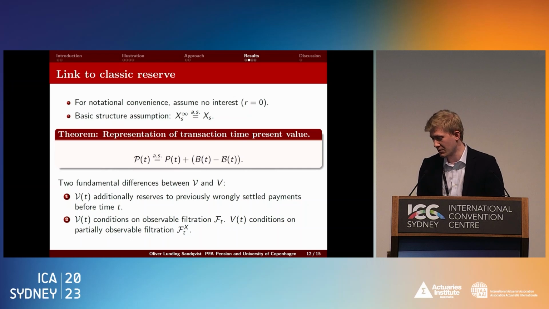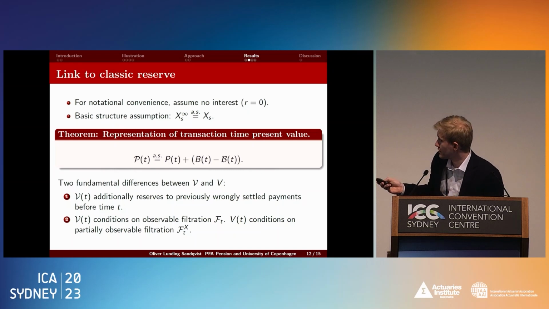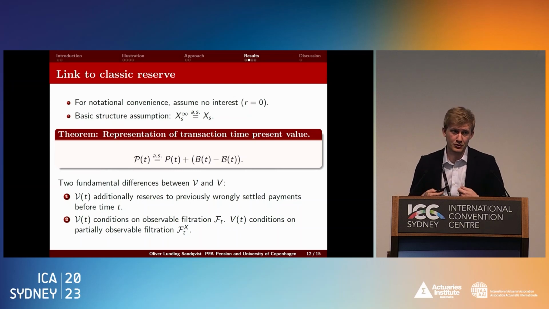So this is very natural somehow, but it has the consequence that there are some differences between the classic reserves and the reserve that you actually should use if you do this transaction time modeling. So you should also here in transaction time reserve to these previously wrongly settled payments. And for your reserve, you should also condition on the information you actually observe instead of, for example, that he is active at a certain time, because you might not know this.